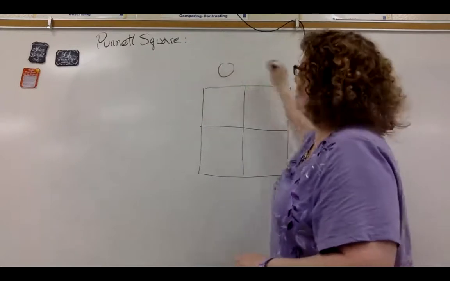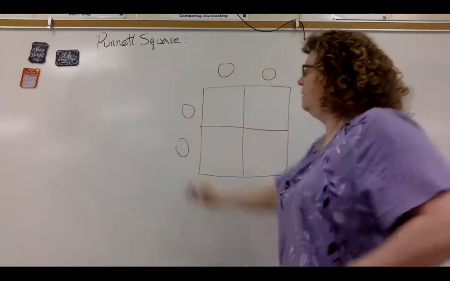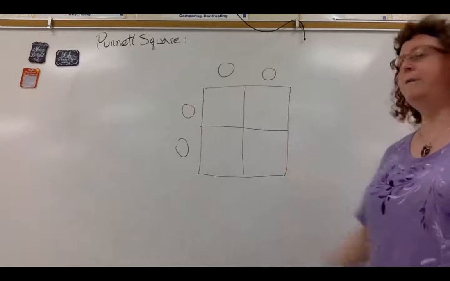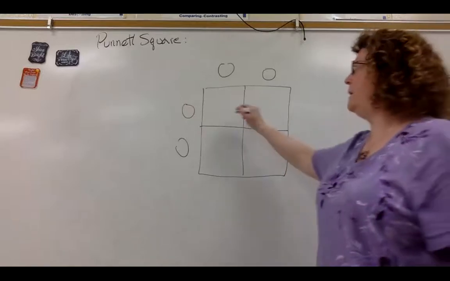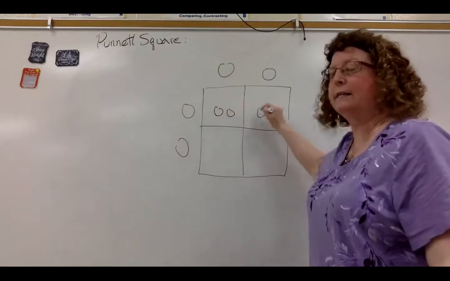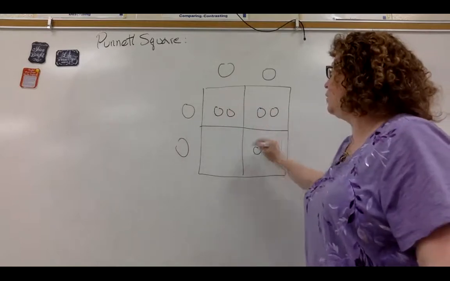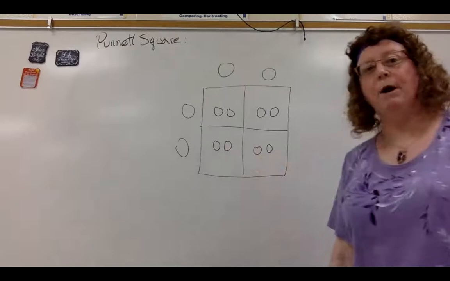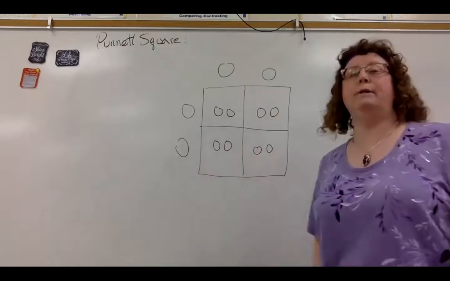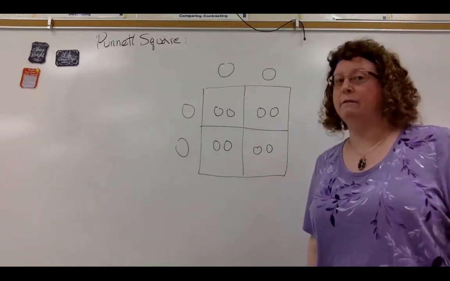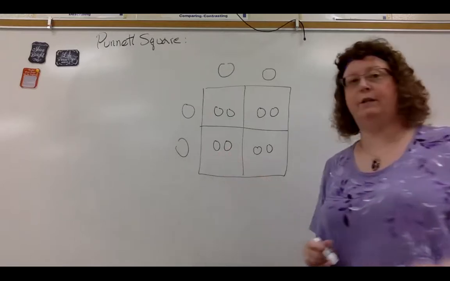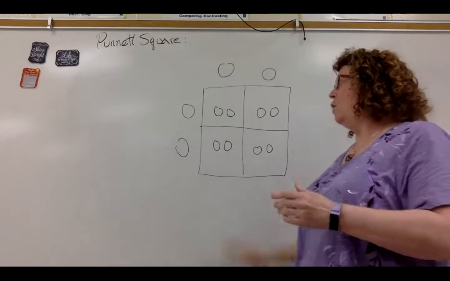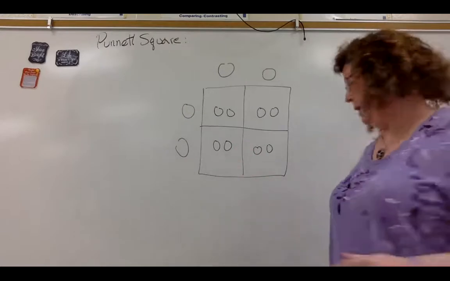So both parents are O. What are all the babies going to be? Well, there's going to be an O in every single box because that's all there is. So if both parents have type O blood, all of their babies are going to be O blood. O's recessive. The only way to be O is if both your parents give it to you. So 100% of their babies are going to be O blood.